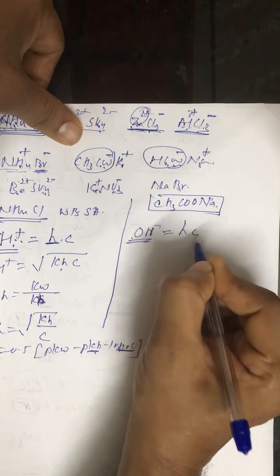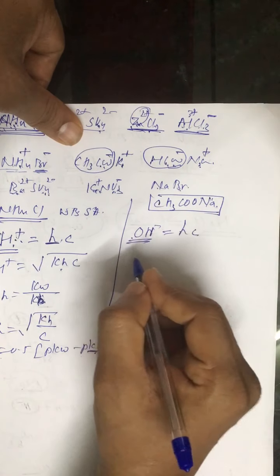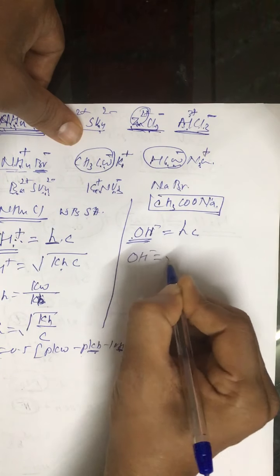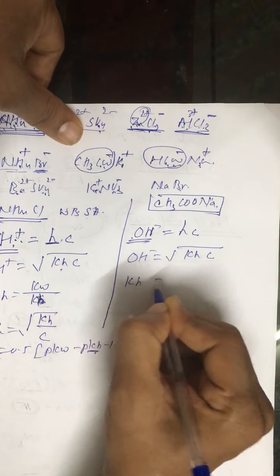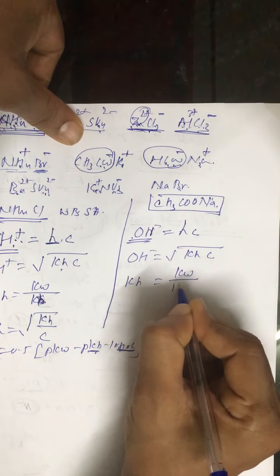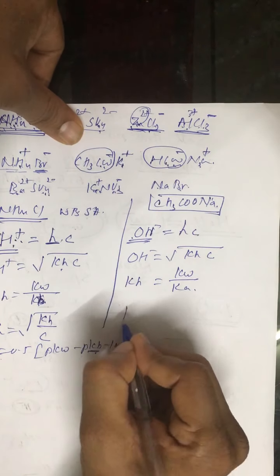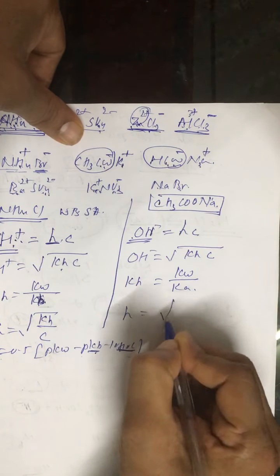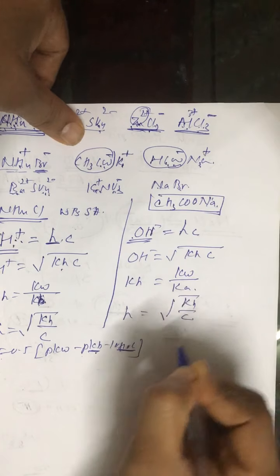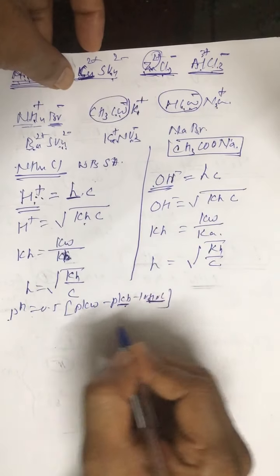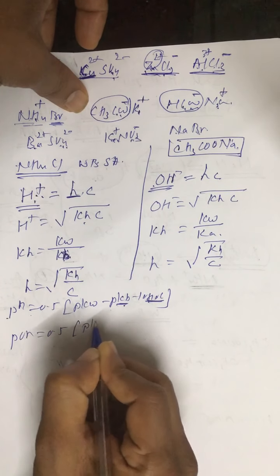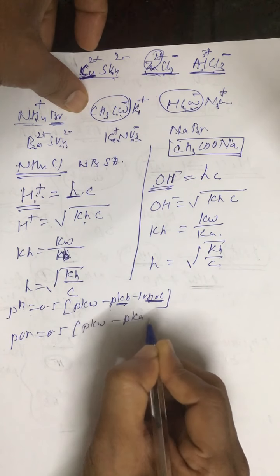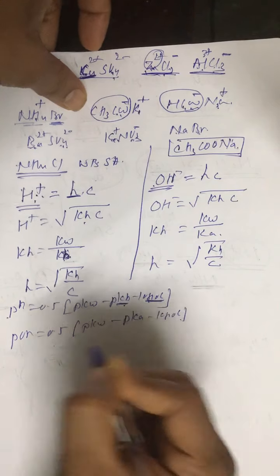OH negative equal to h into C. h is degree of hydrolysis, or OH negative equal to root of KH into C, or KH equal to Kw upon Ka, or h equal to root of KH upon C. And for pH, direct pOH equal to 0.5 pKw minus pKa minus log of C.